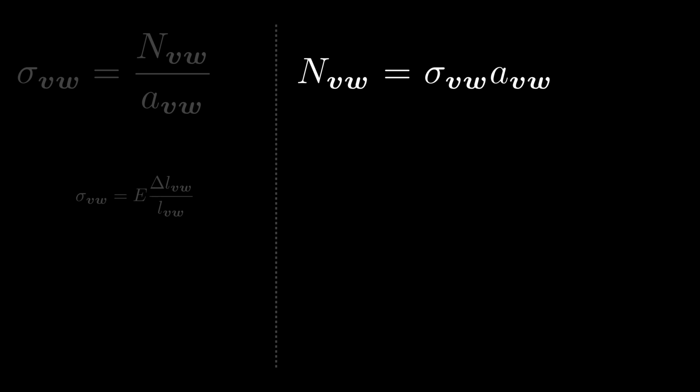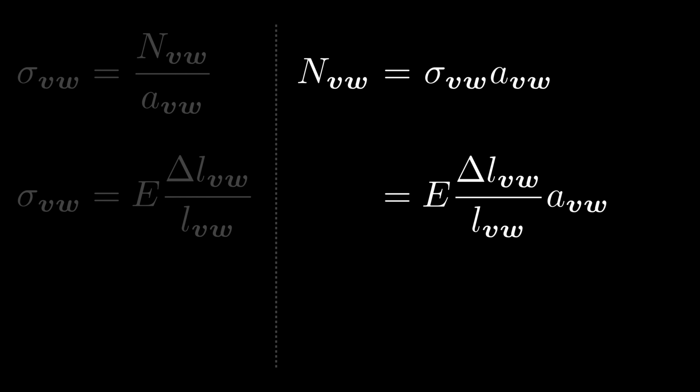And now we can use that sigma VW is equal to E multiplied with delta LVW divided by LVW. Thus we obtain that NVW is equal to E multiplied with delta LVW divided by LVW multiplied with AVW.